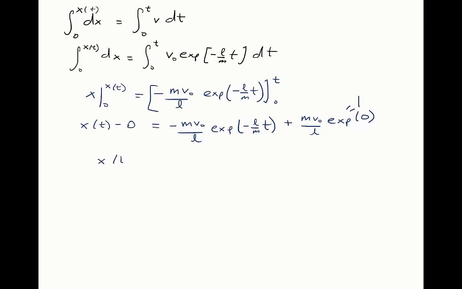So we have x of t. Okay, both terms have m v naught over L in them again. I'm going to start with a positive term. So we have a 1 minus exponent, so we get the exact same answer we got last time, but just using a different method.